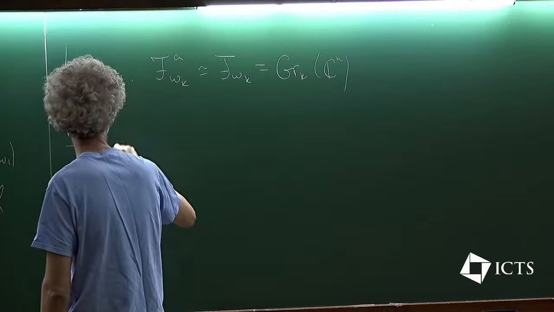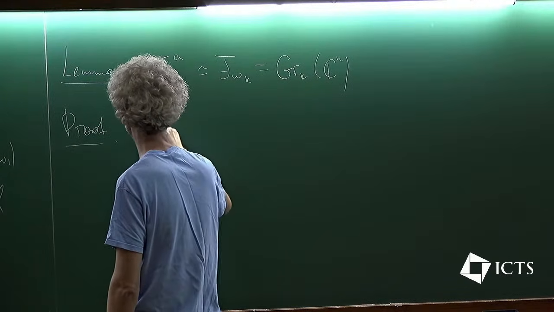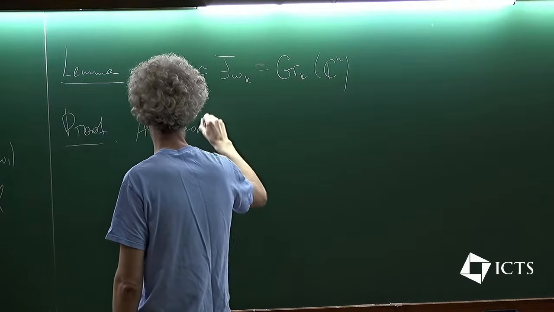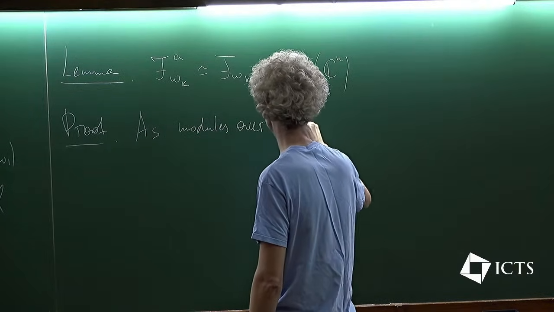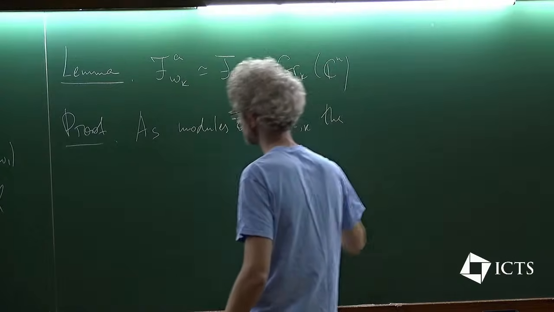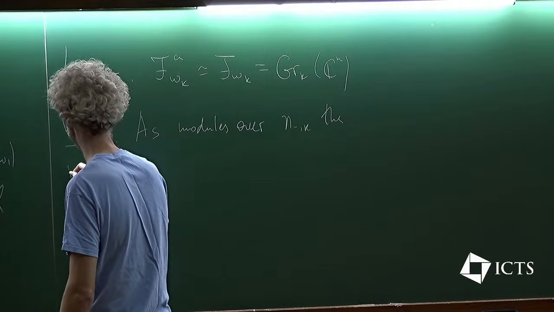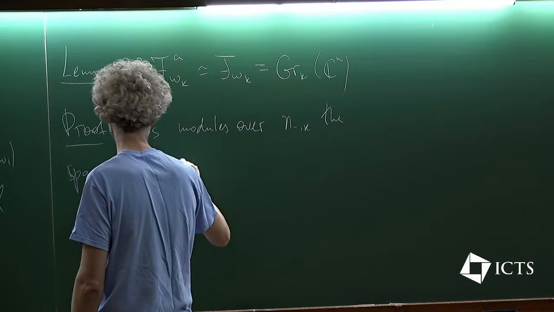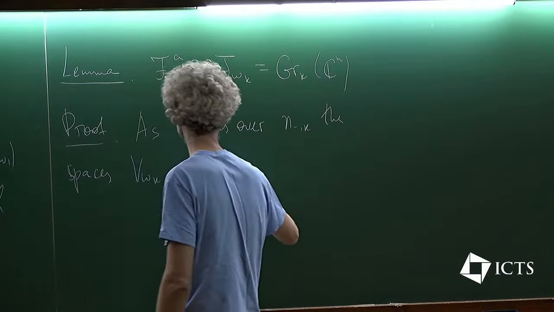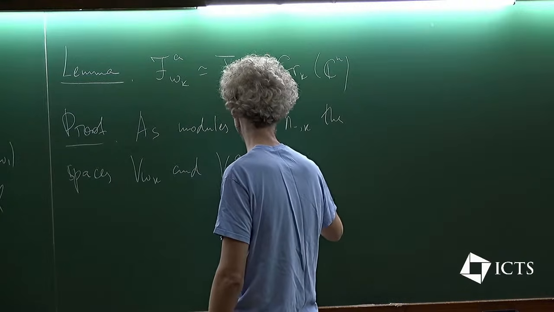The proof is that as modules over n minus k, the spaces V omega k and V omega k A are isomorphic.